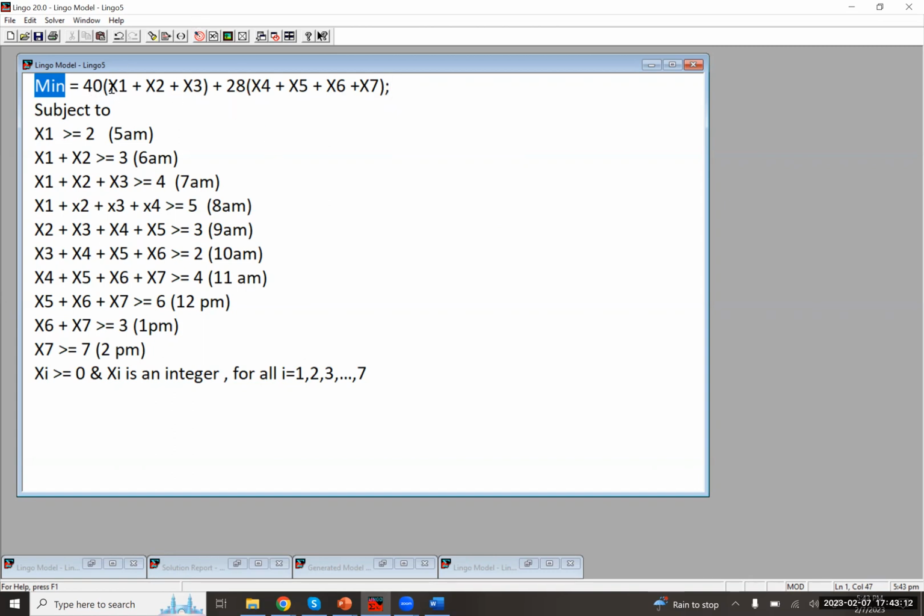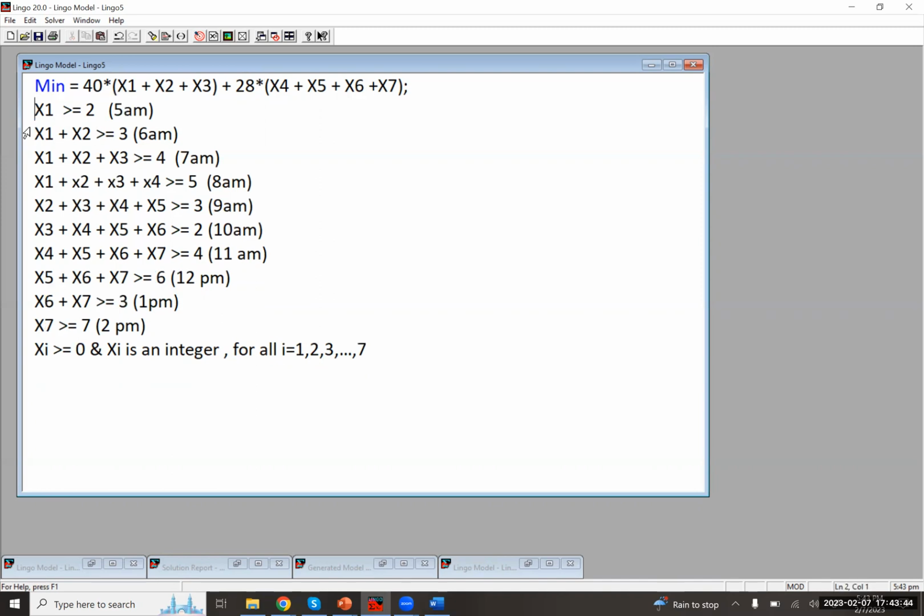What did I miss? Multiplication symbol. Lingo needs an asterisk as the multiplication symbol. Nice thing, Lingo can recognize parentheses, so this should work, but not for Lindo. Another thing, unlike Lindo, Lingo does not recognize subject to or ST, so you need to take this out.